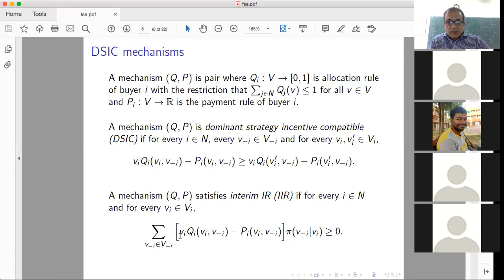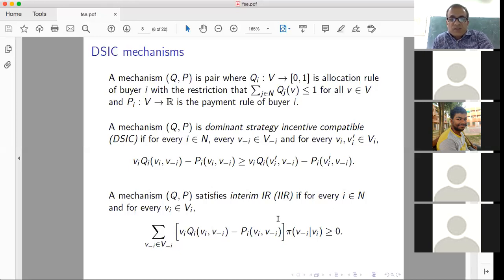This is the payoff at type profile (vi, v minus i) for buyer i with type vi. The probability of other buyers having type v minus i conditional on him having type vi is this. So this is the expected payoff he can have when his type is vi. So the interim IR just requires that every buyer of every type has non-negative payoff.